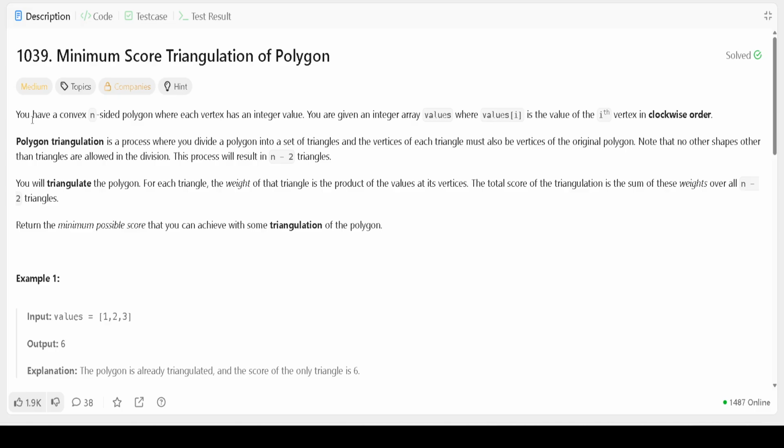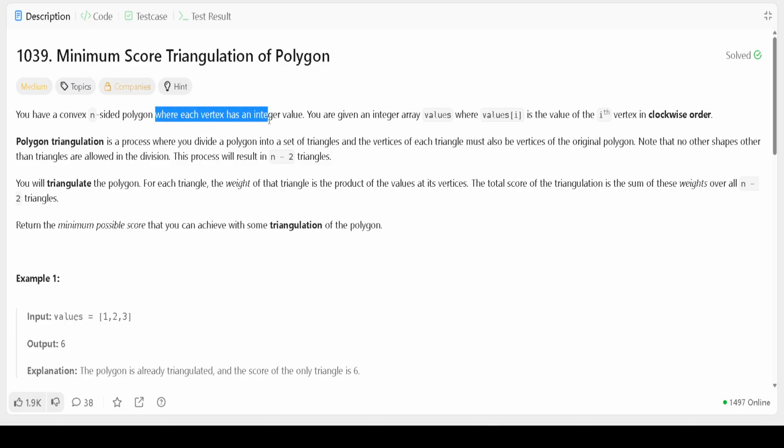Very first, the question says you are given a convex polygon, an n-sided polygon. The sides are not given explicitly, but you can assume them from the array, which gives the n sides.